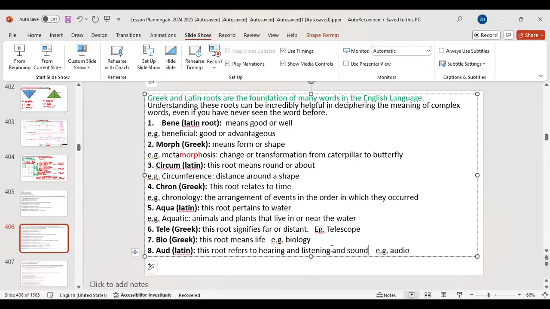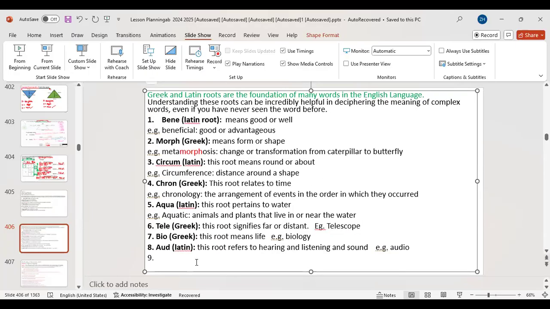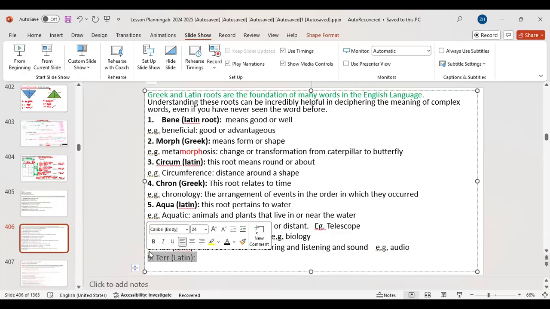All right, number 9, finally, we have terr. This is Latin. Terrestrial. Yes. Terrain. Very good. Terrain, terrestrial. So this root. Terrific.